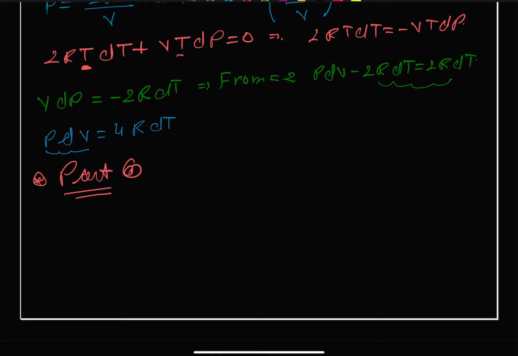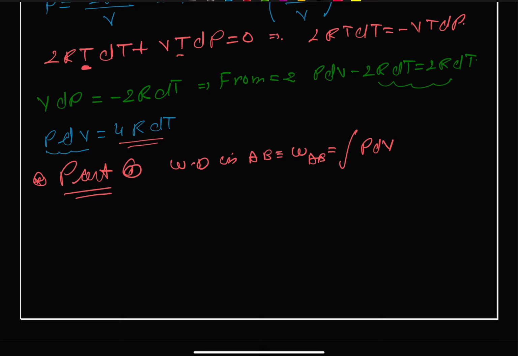So we can say work done in AB, which we can write as WAB, will be equal to the integration of PdV, and PdV is 4R dT.